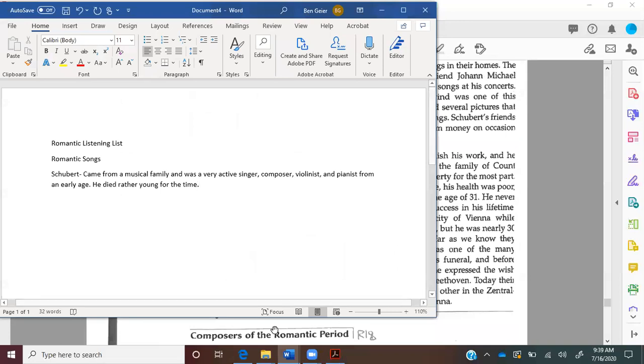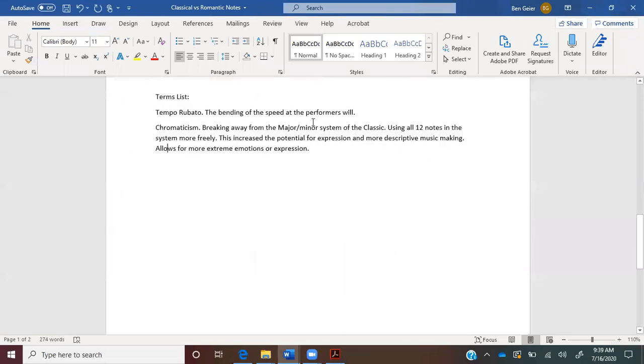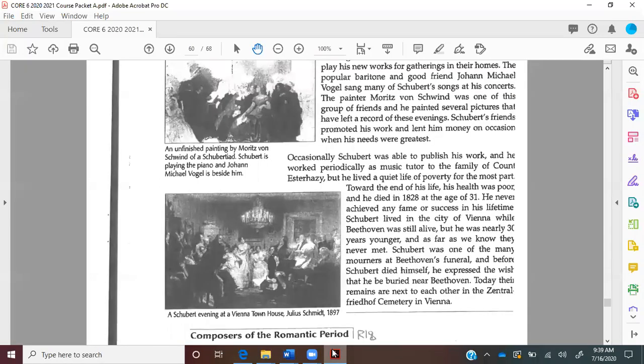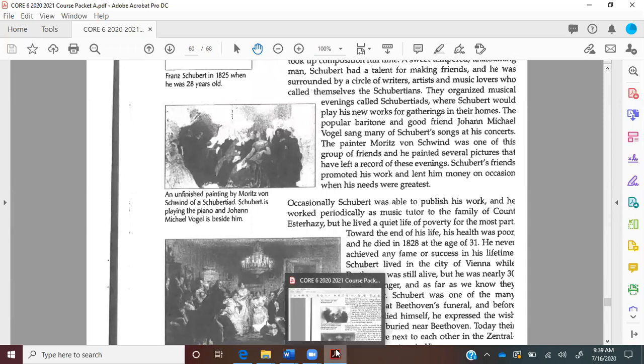So we have a new term. Schubertiad. I didn't spell Schubert right. Schubertiad. And that's probably not going to come up as a Schubertiad. Make sure we got that right. Yep. Okay.